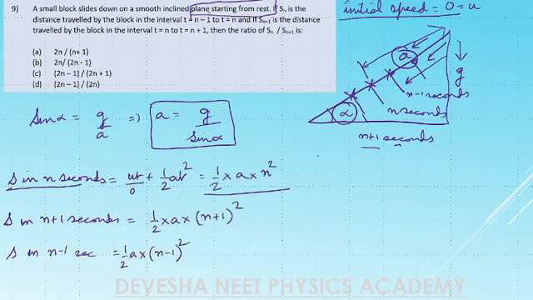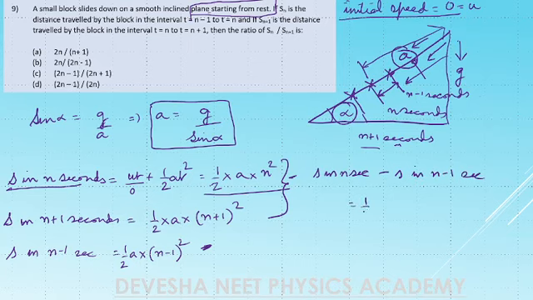So now let's calculate how much is the distance between n minus 1 and n seconds, that is this distance. It is basically the difference of this one and this one. So this is s in n seconds minus s in n minus 1 seconds, which is equal to half a into n square minus n minus 1 whole square.